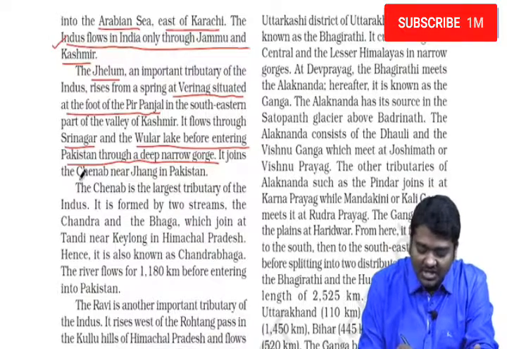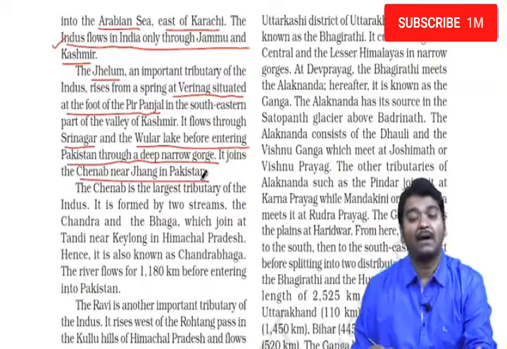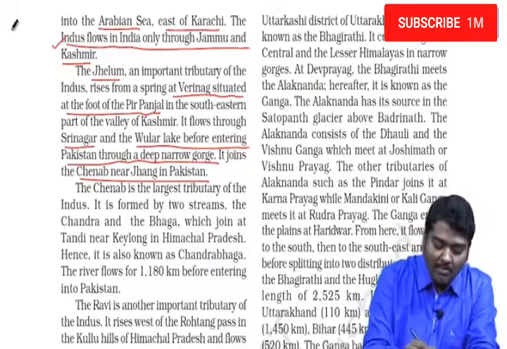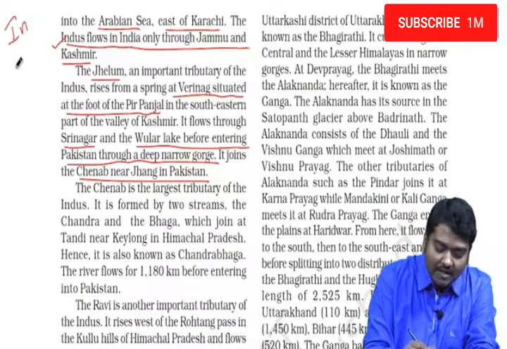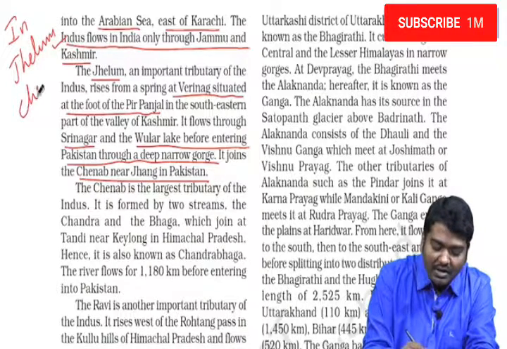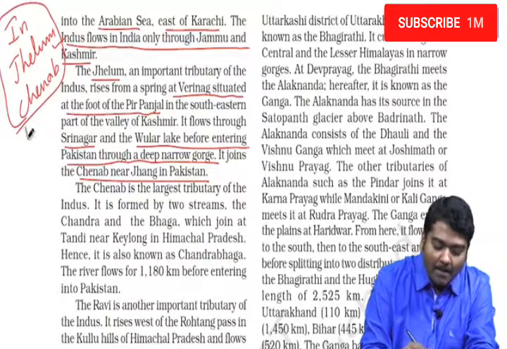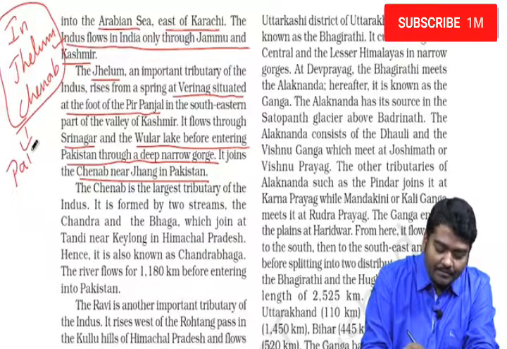It joins Chenab river near Jhang in Pakistan. Jhelum joins Chenab river. You should remember, first you have Indus, then you have Jhelum, then you have Chenab, and these three rivers are part of Pakistan.